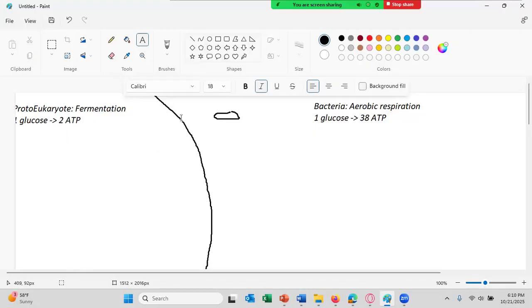Well, a long time ago, the proto-eukaryote engulfed the bacteria. I'm just going to make pseudopods on this.